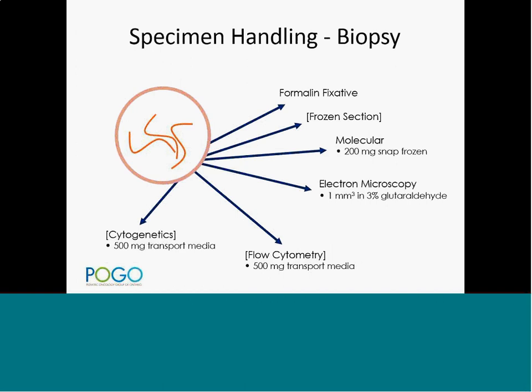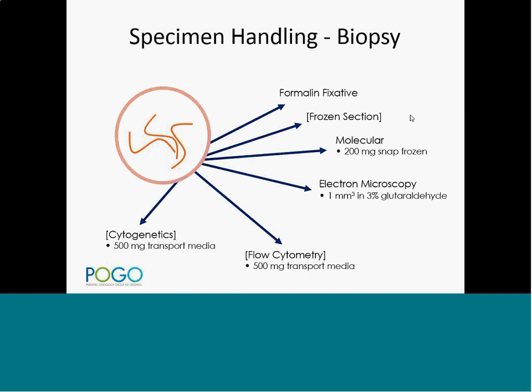A frozen section, which is the second one there in parentheses, we will do if the surgeon or the interventional radiologist is concerned about lesional tissue, but we don't like doing it because it tends to sacrifice a lot of tissue. If we do a frozen section on cores, we tend to save that as the frozen piece, and then we can use the rest for whatever we need.